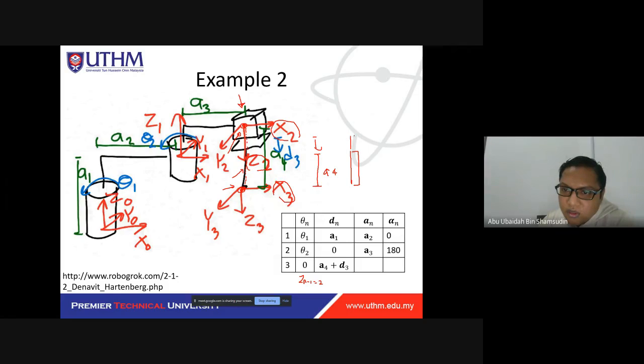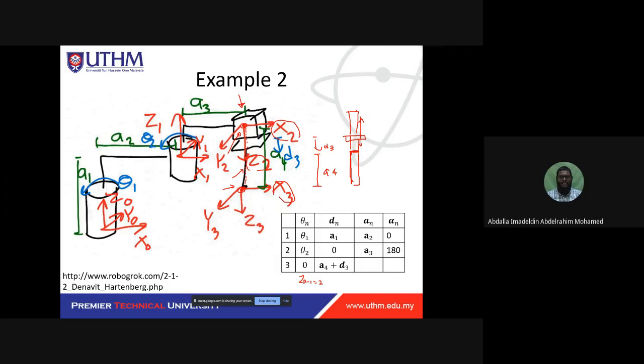So this is your robot. It is holding a beam here. So this one can move. This movement is D3.